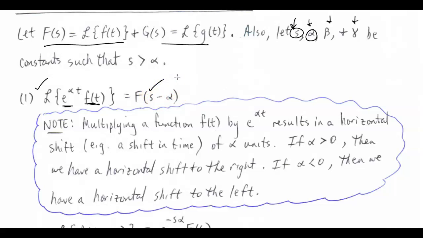And so how we're going to use this is, let's say I wanted to take the Laplace transform of some function, but shifted alpha units to the right. Well, what I could do is take the Laplace transform of it, find the inverse Laplace transform of it, find out whatever f of t is, and then multiply that times e raised to the alpha t.